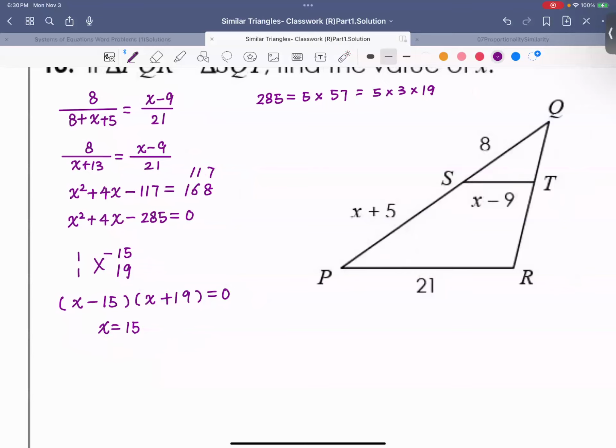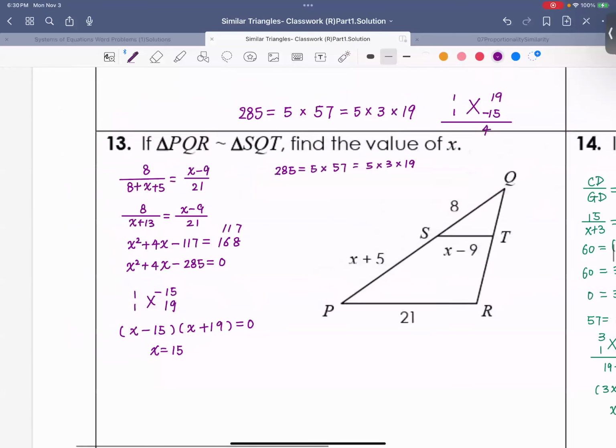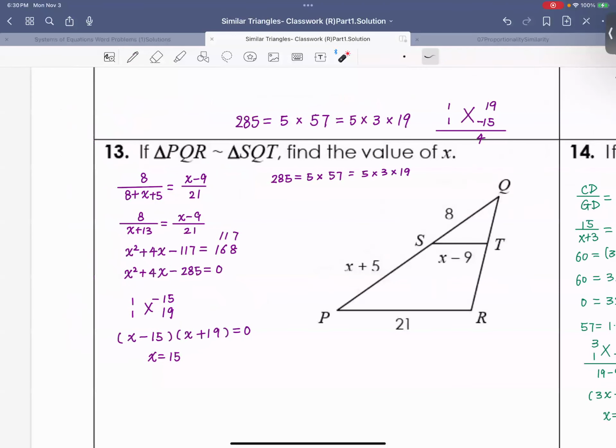So x couldn't be negative 19. Be very careful when you do these things. You cannot do this divided by this. That's not a proportion. That over whole thing equals this over the whole thing. You have to really pay attention.